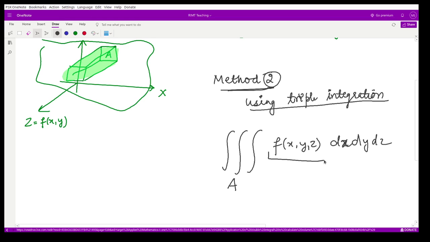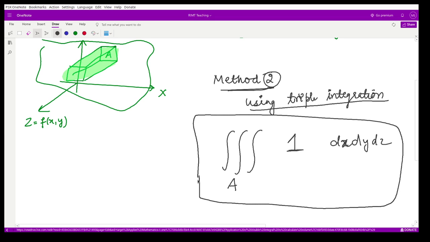Now, but instead of this f of x, y, z, we are taking this to be equal to 1. So if you take this equal to 1, that means this quantity gives you the volume of the given surface, where the given surface is represented very well using the given limits.